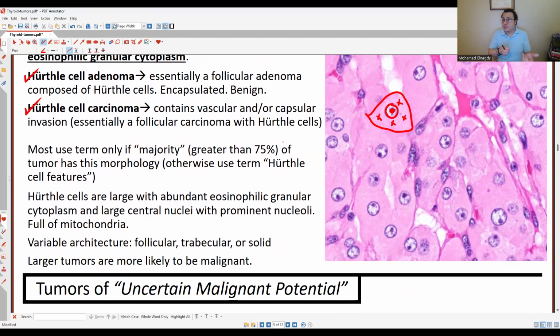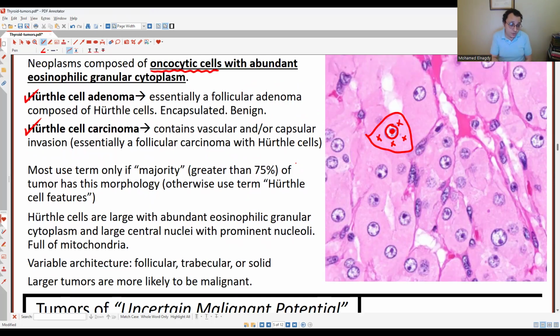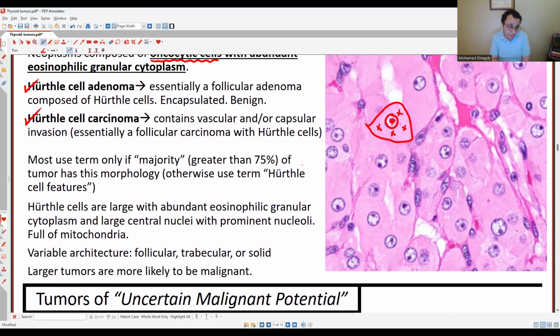With fine needle aspiration you get some cells, so you can assess the cells and tell whether this is a Hurthle cell, a follicular cell, or a papillary carcinoma cell. But you cannot tell whether there is any capsular invasion or vascular invasion. So if the diagnosis relies on capsular or vascular invasion, you can't render this diagnosis on cytology or FNA.